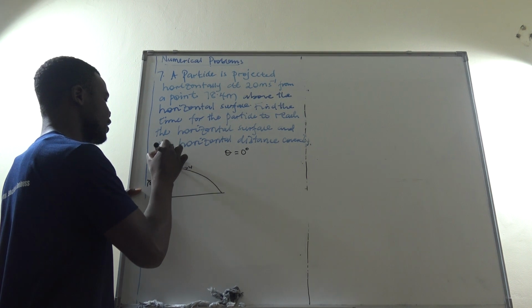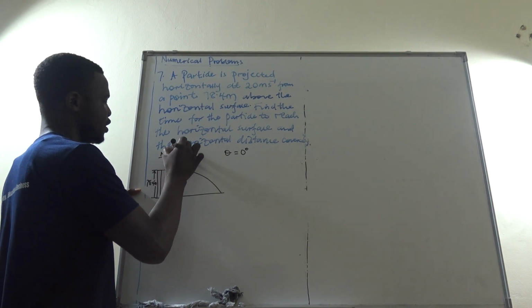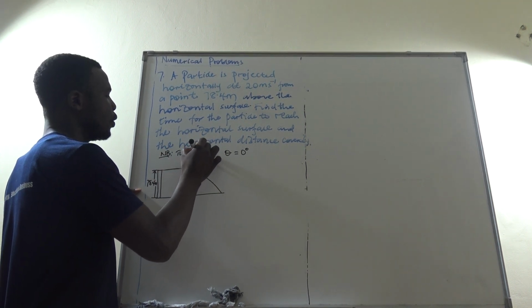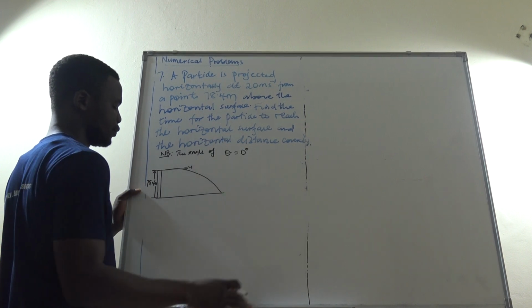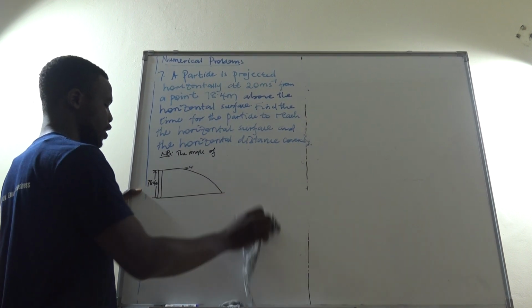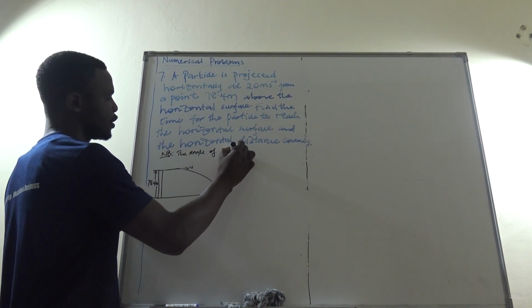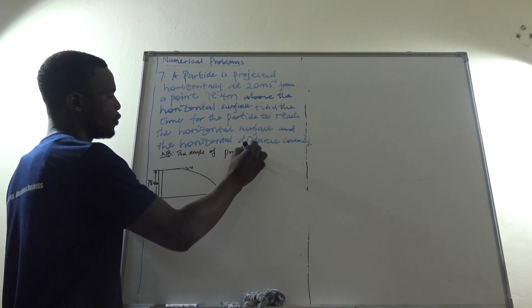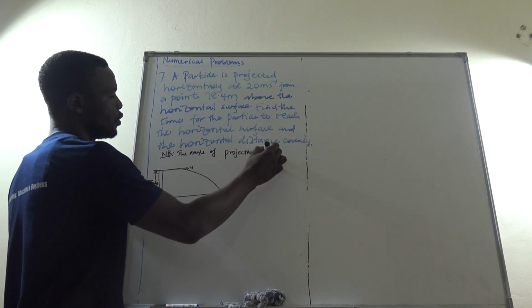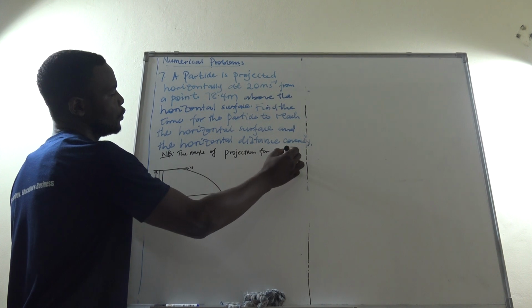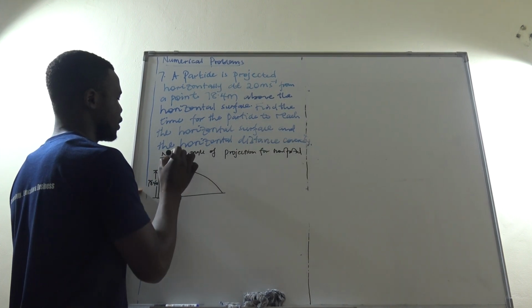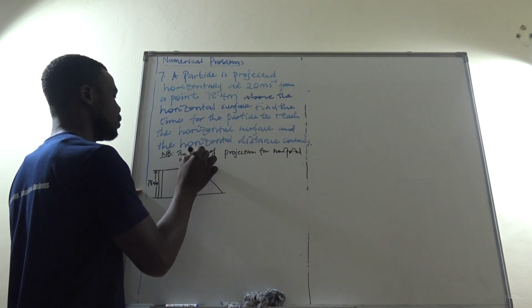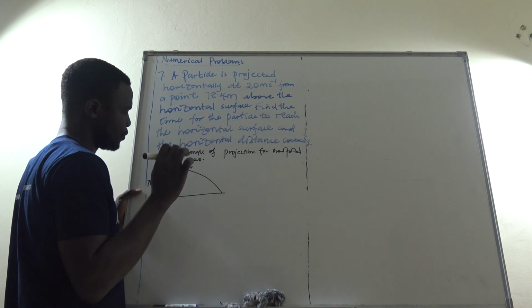We can write it as an NB that the angle of projection for horizontal projection is 0. Take note of that.